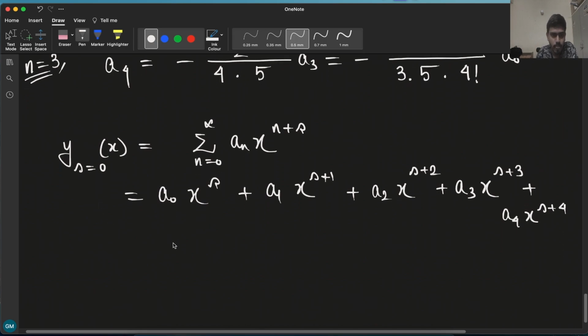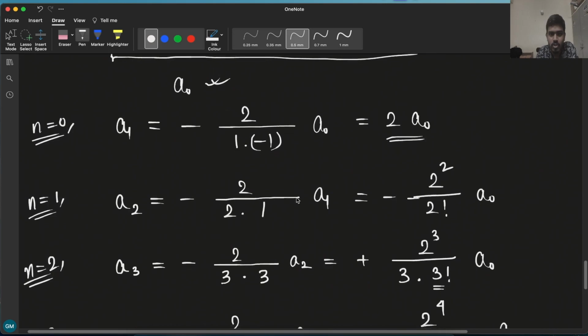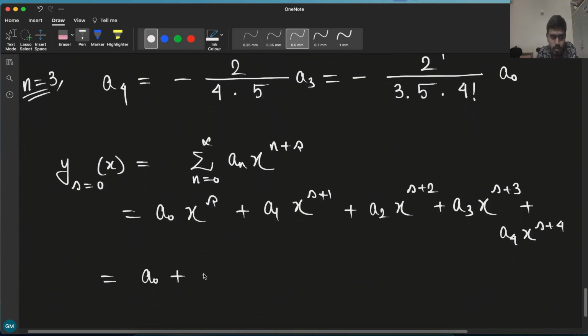Okay, and s is 0, so it means it is basically a0 plus a1 is 2i's a0, so plus 2i's a0 x, because s is 0, right?